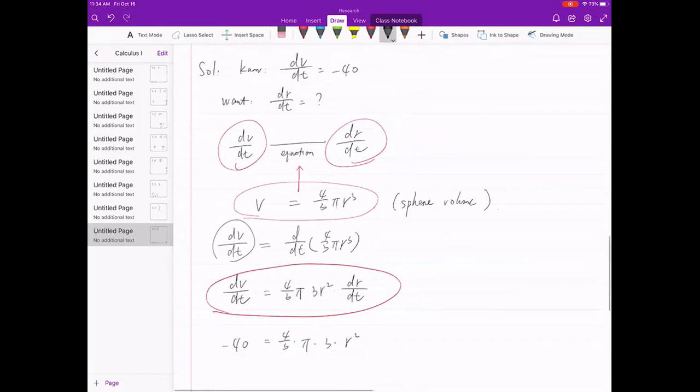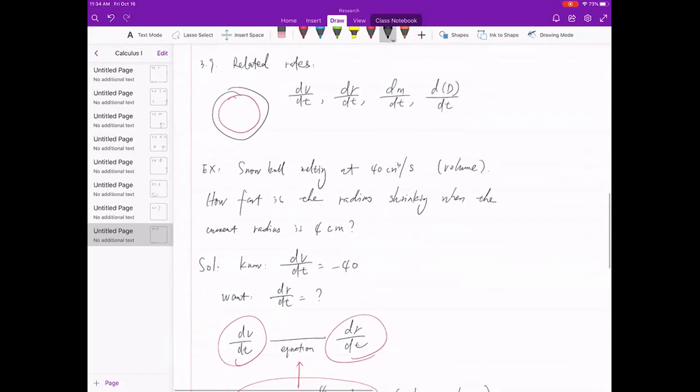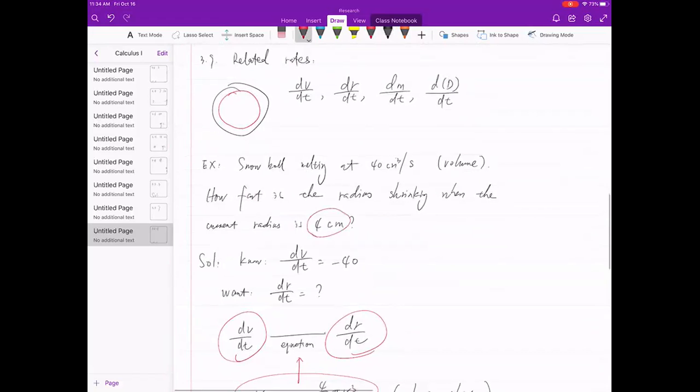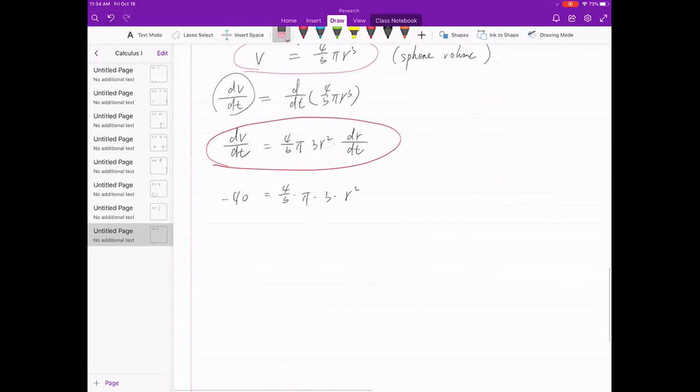Luckily, the problem told you so. The current r is 4. So just put in 4. That is your dr over dt. Then what is dr over dt? That's going to be negative 40 divided by 64 pi, which is negative 5 over 8 pi.